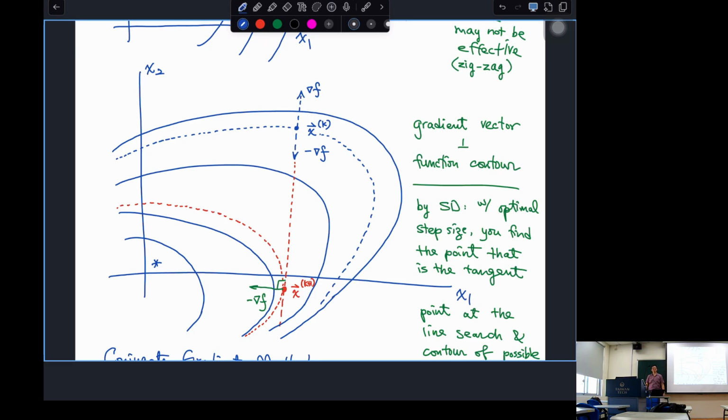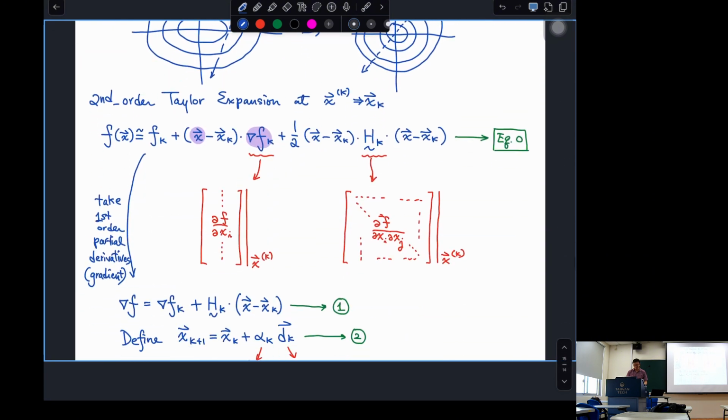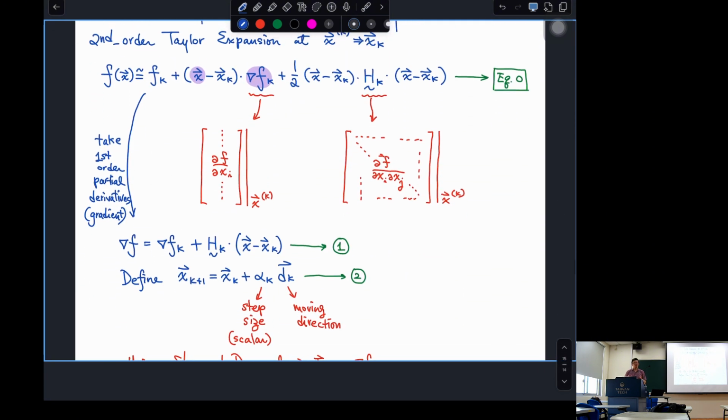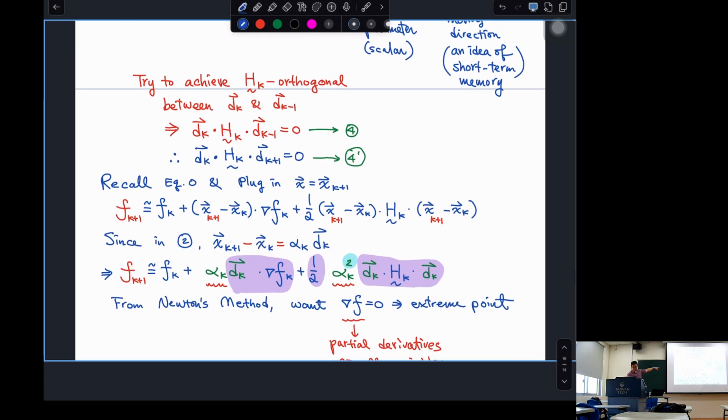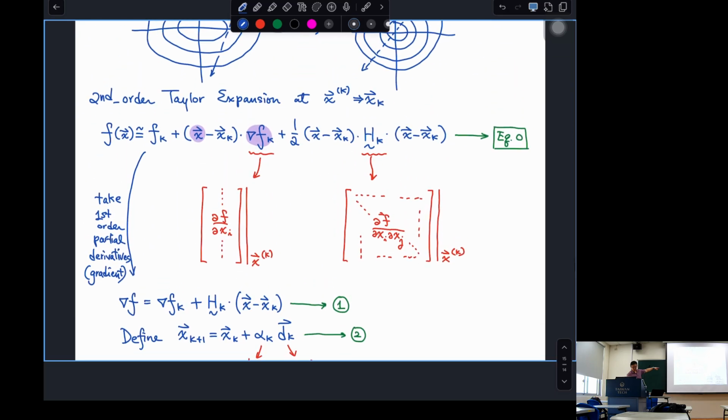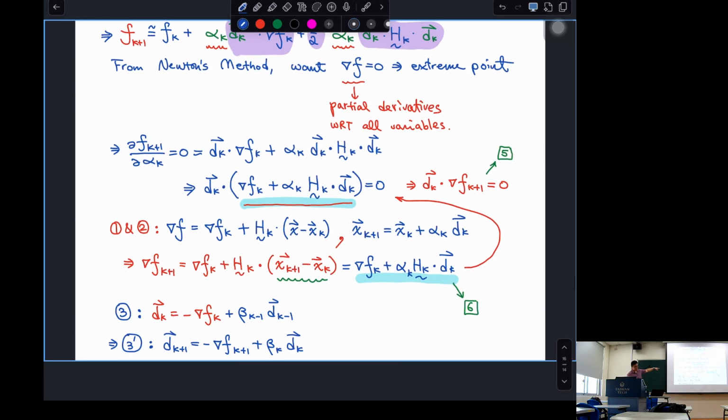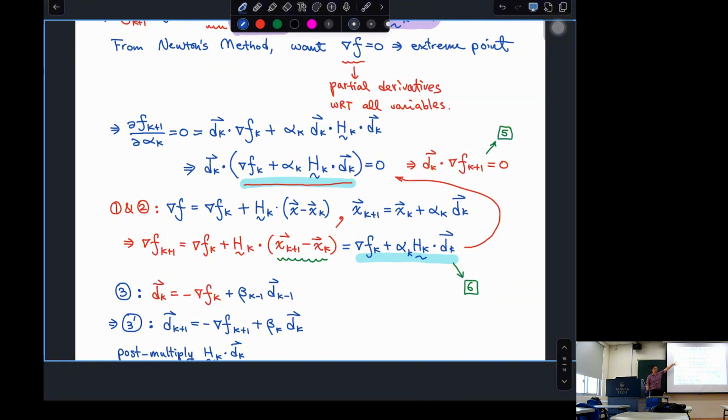How does it relate to length? It was derived mathematically. So take a look at what was utilized. We didn't introduce a new concept. We started from the second order Taylor expansion. We want the first order derivative equals to 0.